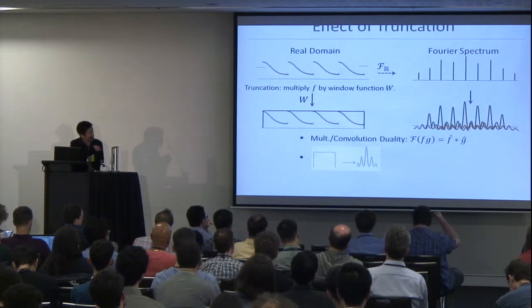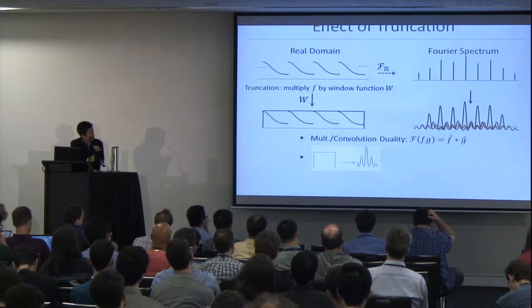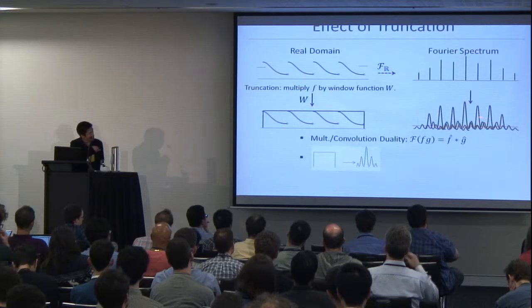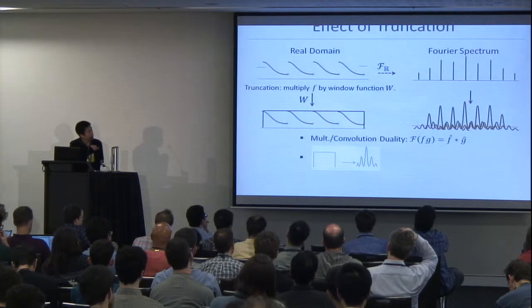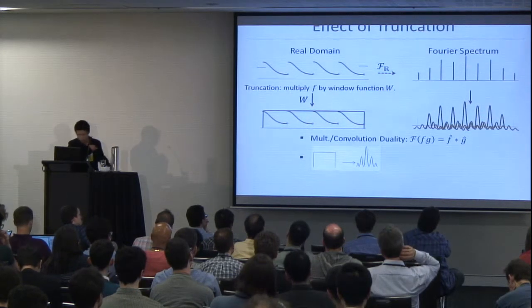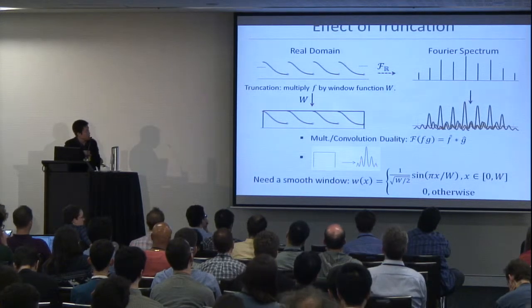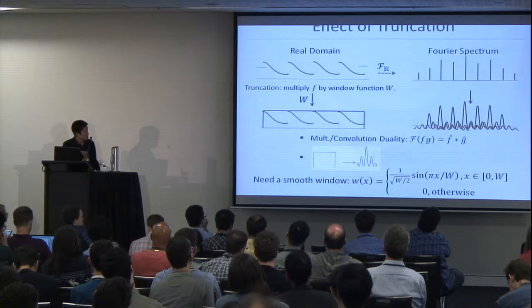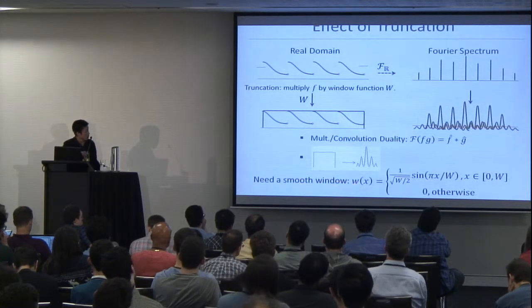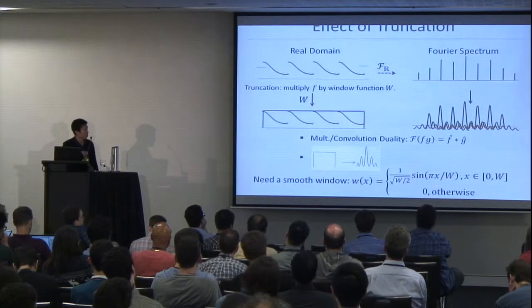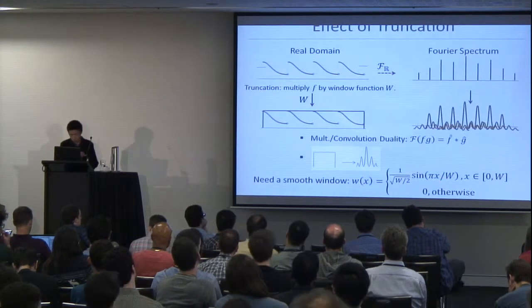This picture tells us that the samples we get here will still be nearby the ideal samples. Again, this is oversimplifying. In fact, we will need some smooth window function, and we need to carefully pick it. Fortunately, there exist such nice window functions, so we are still good.